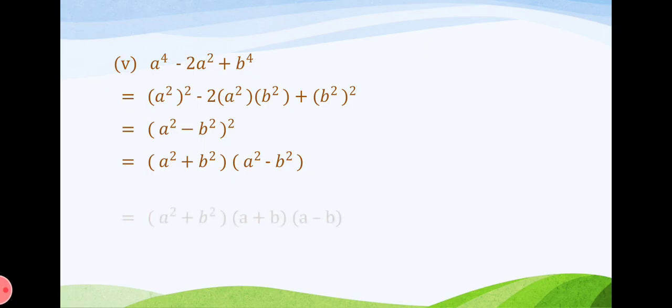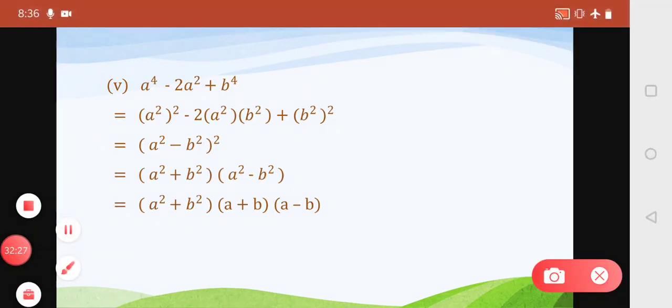Again we can apply identity number 3 for the second bracket. So for the first bracket we will write as it is, a square plus b square, and for the second bracket we will write a whole square minus b whole square, and further we will get a square plus b square into a plus b into a minus b. Directly also you can write this, because many times we have seen this.